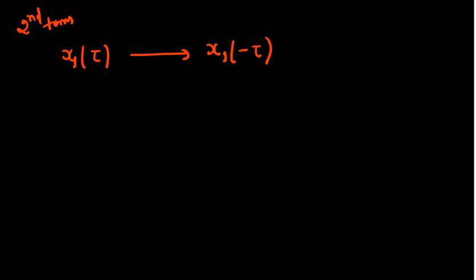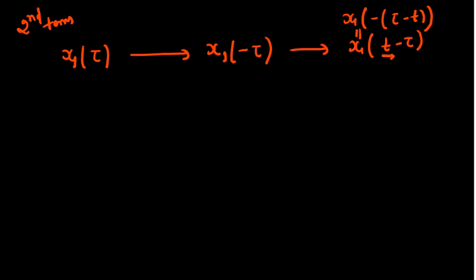As I told you in your last class, to get the second term we have to follow these two steps, which is nothing but x1 of minus tau. These two are equivalent terms. This is taking the mirror image of your x1 signal with respect to the y-axis, and this is shifting your x1 signal by the value t.